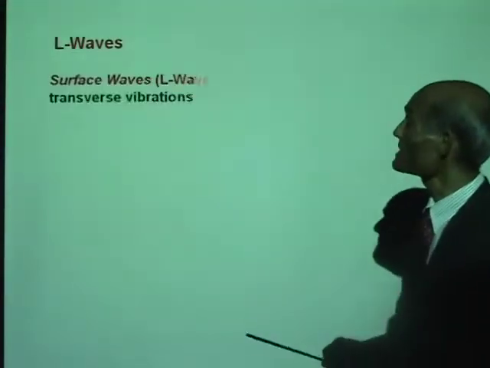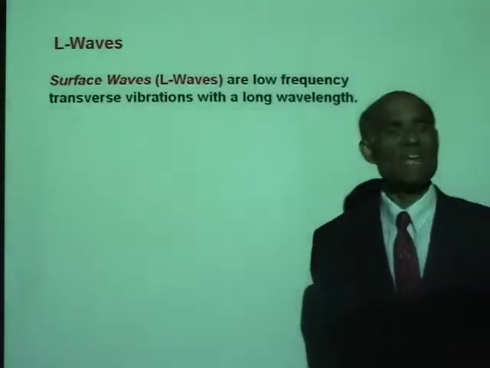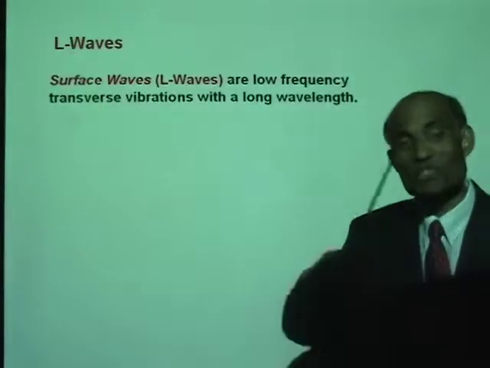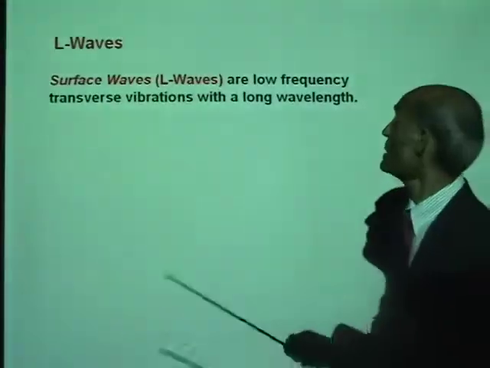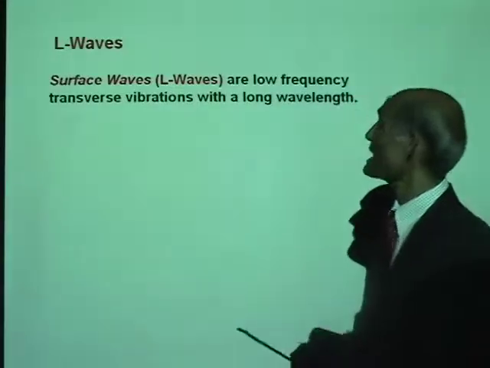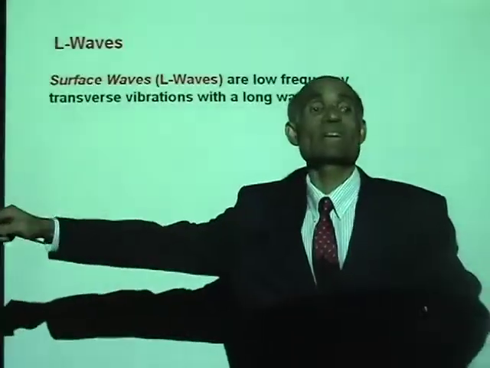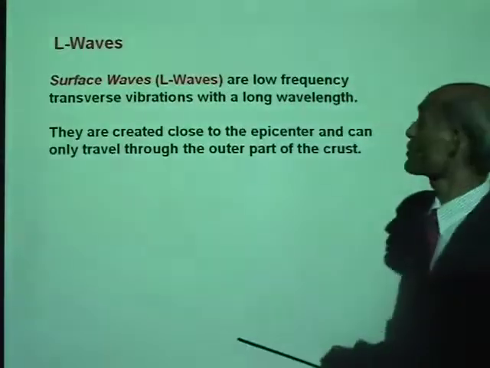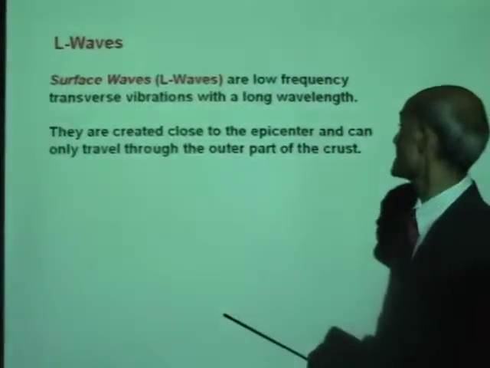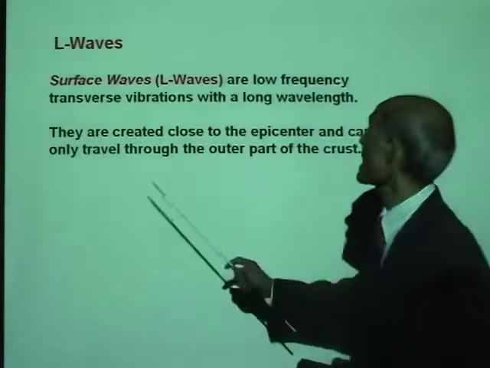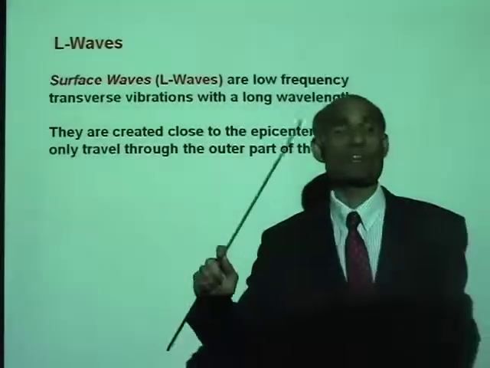Well, a third type of wave are the L waves, which are actually the surface waves, rather low frequency transverse vibrations with a very long wavelength. Now they are created close to the epicenter and can only travel through the outer part of the crust.